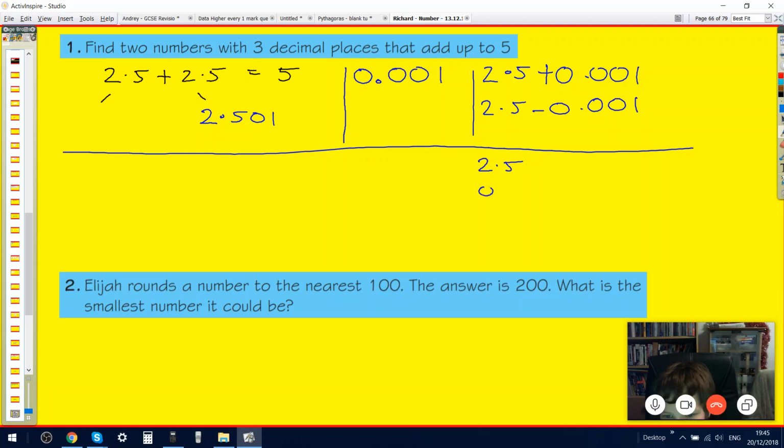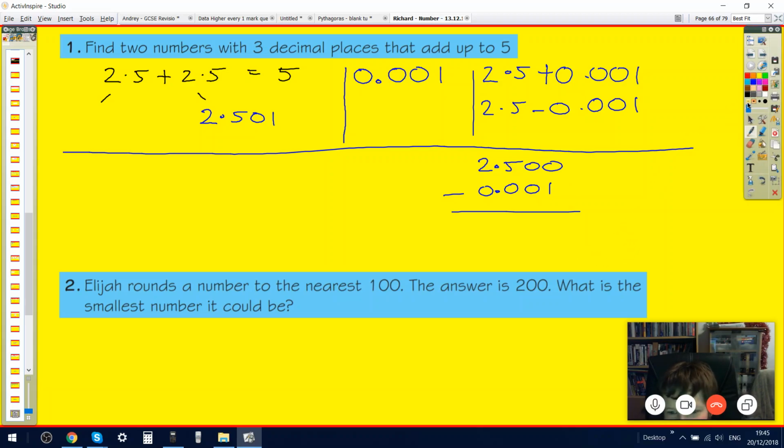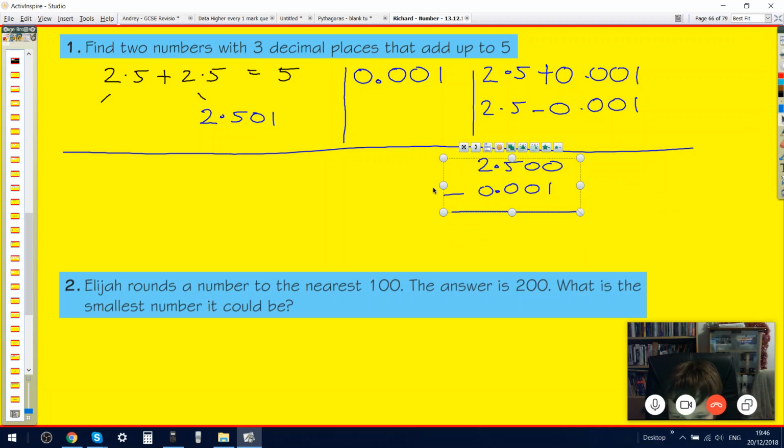So 2.5 and then 0.001, and then all of the blanks, just fill them in with zeros. Okay. Well, first one, 0 take away 1. You can't do that. Now, normally you could cross out the number next to the 0, but you can't, as that's also a 0.